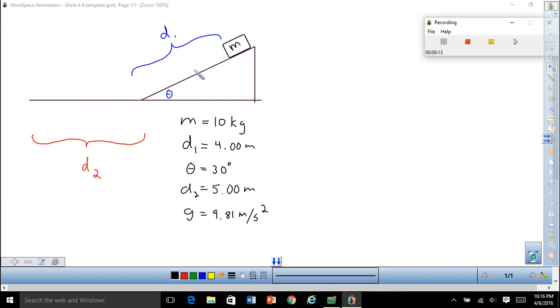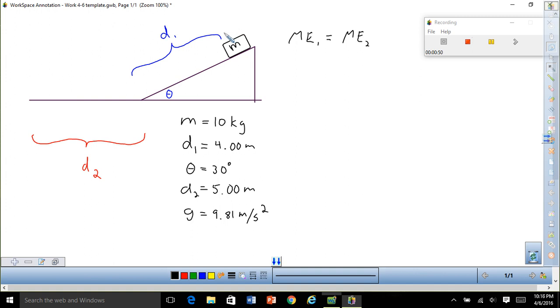Since the beginning of that is frictionless, we'll be using a conservation of mechanical energy idea for that. That's the idea that the mechanical energy at point 1 is equal to the mechanical energy at point 2. Now remember, this idea is only valid if you're in a situation where there is no friction.